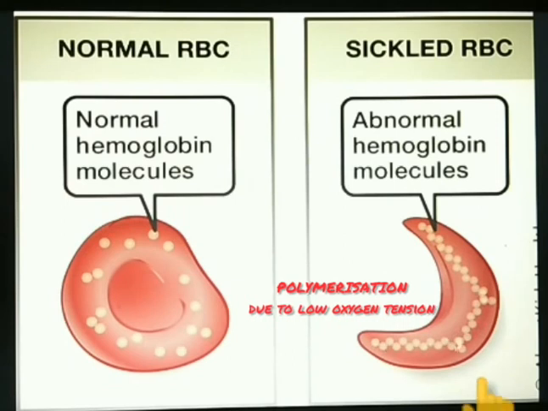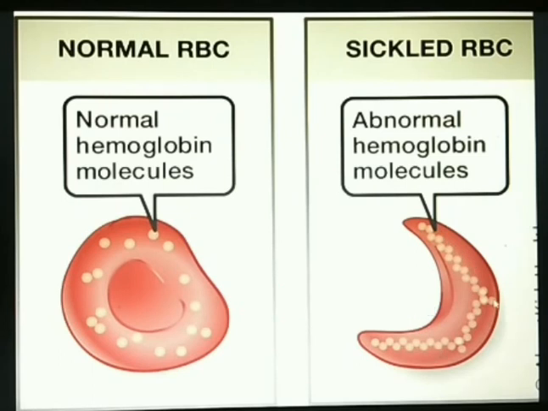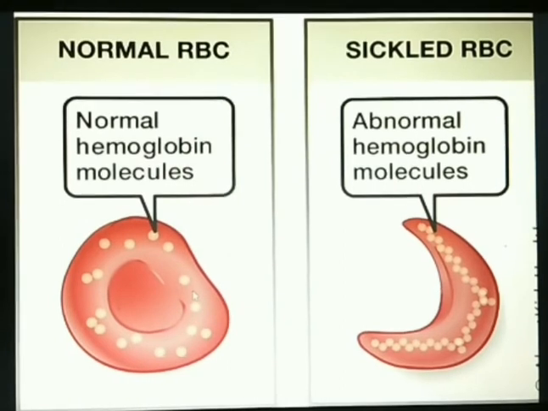We can see in this picture. These hemoglobin molecules become abnormal, stick together and form long chains of polymer strands, due to which the cells get elongated and become rigid, different from that of the normal RBCs with normal hemoglobin molecules.